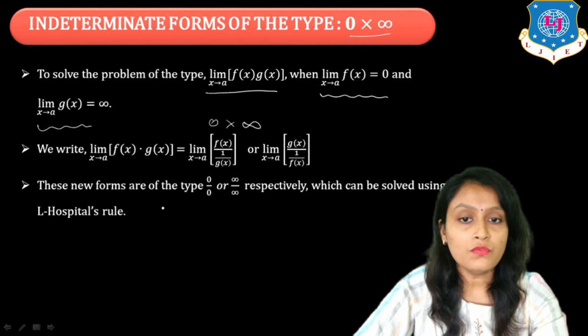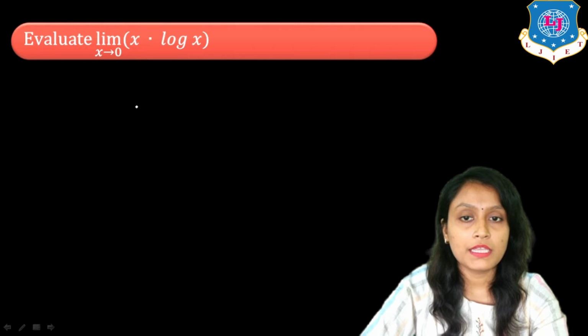Okay, these new forms are of the type 0 by 0 or infinity by infinity, and whenever we have the type 0 by 0 or infinity by infinity, we can apply L'Hopital's rule. Okay, and you have to solve the example using L'Hopital's rule after converting into 0 by 0 or infinity by infinity form. Okay, now let's begin with the example.